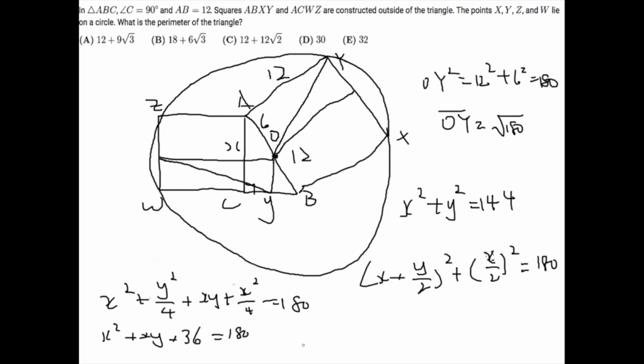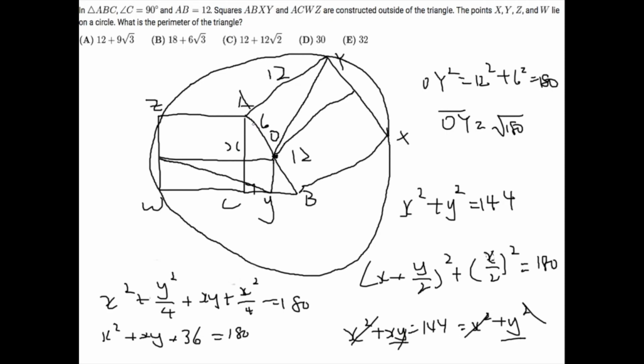Then we just subtract 36 on both sides and get x squared plus xy equals 144. And conveniently, that's also what x squared plus y squared equals. If we cancel the x squared, we're left with xy equals y squared. If we divide by y on both sides, we have x equals y.